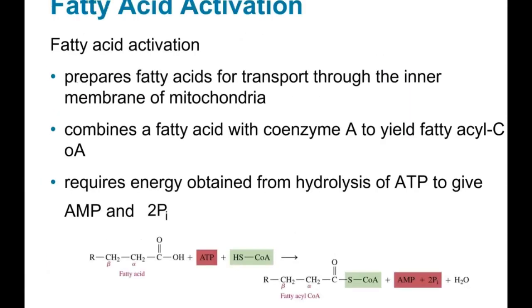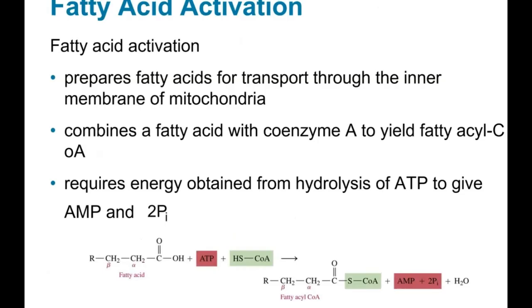We are not going to go through all these steps mechanistically. Here's what I want to highlight. So fatty acids are hydrophobic. Does that statement make sense to you? You know, they're fatty, right? So in order for them to be transported within the cell, they have to be made hydrophilic, and they have to be chemically activated in order for being broken down.